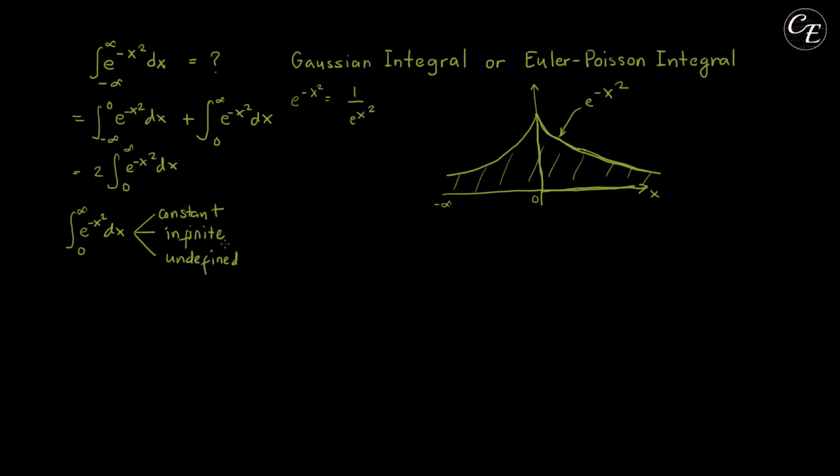Now in order to do that, let us divide this region into two pieces. One from 0 to 1 and one from 1 to infinity. So we will have the integral of e raised to negative x squared dx from 0 to infinity equal to the integral from 0 to 1 and from 1 to infinity.